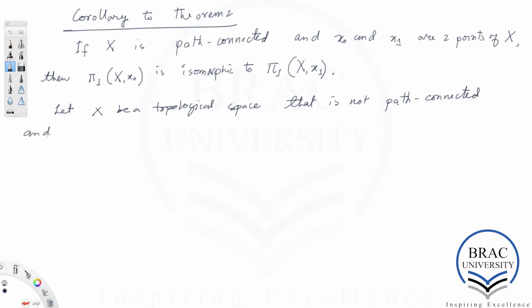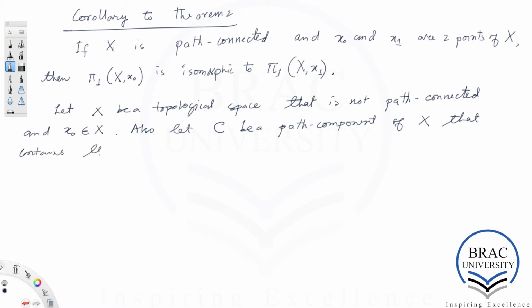And small x0 is an element of the topological space X. Also, let C be a path component of big X that contains the point x0.